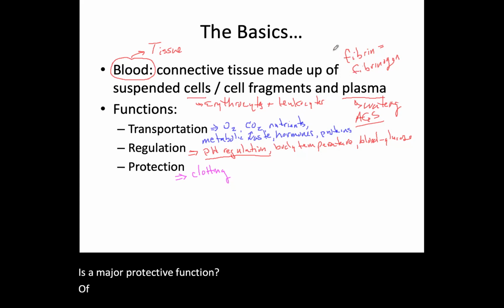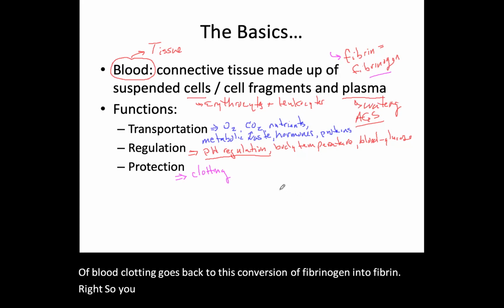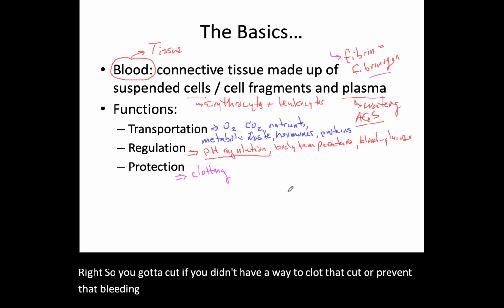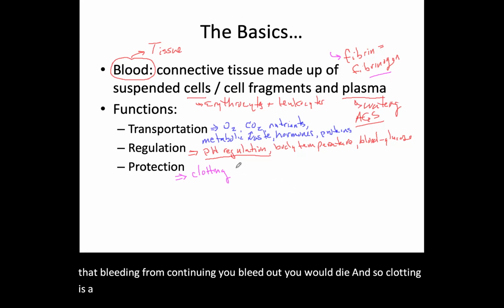Right? Clotting goes back to this conversion of fibrinogen into fibrin. Right? So you got a cut. If you didn't have a way to clot that cut or prevent that bleeding from continuing, you'd bleed out. You would die. And so clotting is a major function of our blood.